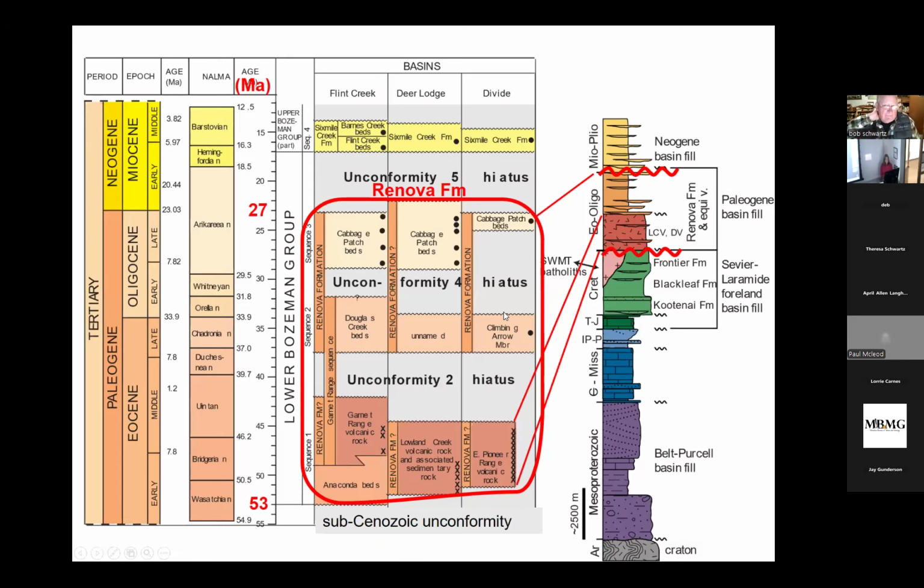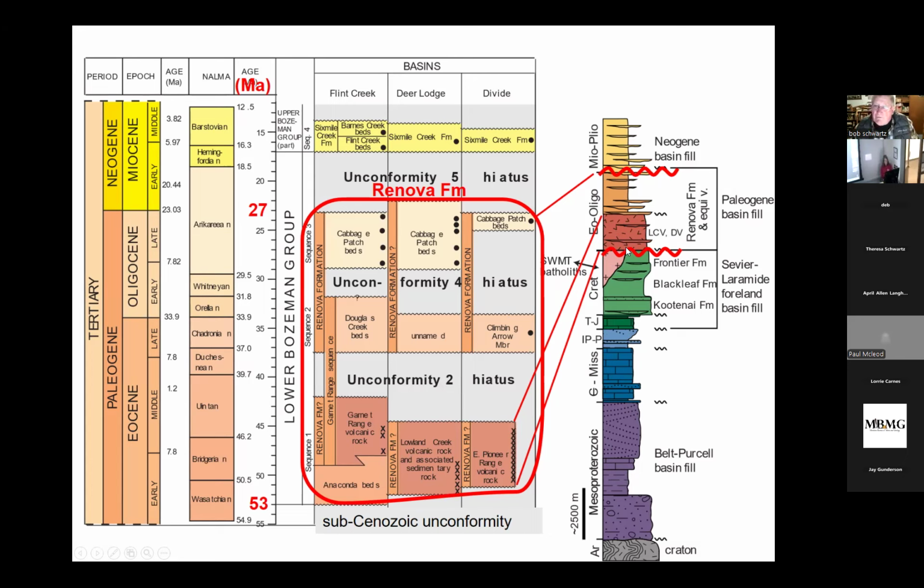Okay, Renova Formation, a little bit of background on that. Here's a stratigraphic column showing the Renova Formation between two major unconformities. This would be the sub-Cenozoic unconformity, where in the Deer Lodge Basin, Lowland Creek volcanics lie upon everything from Mesoproterozoic to Paleozoic and Mesozoic strata, as well as eroded granitic plutons, late Cretaceous.